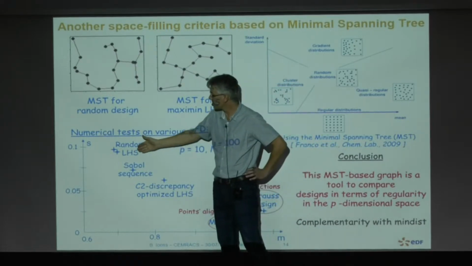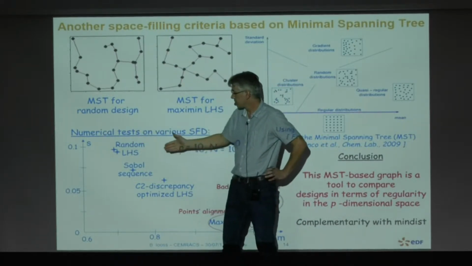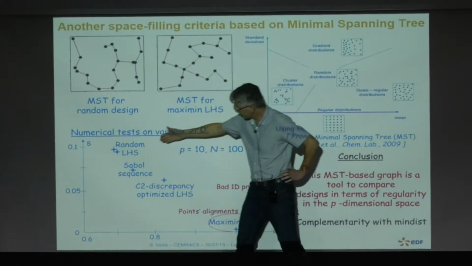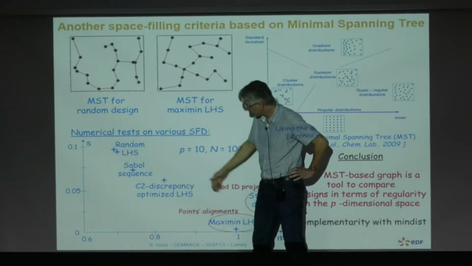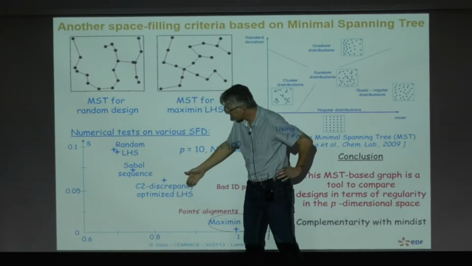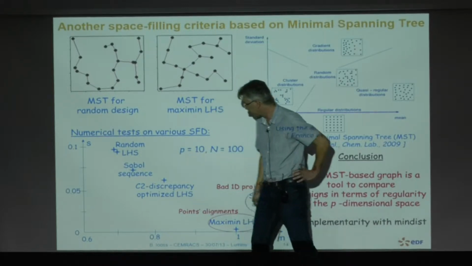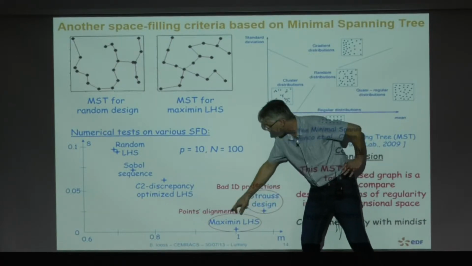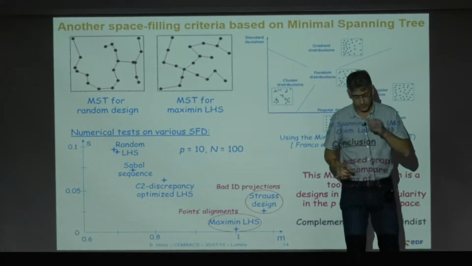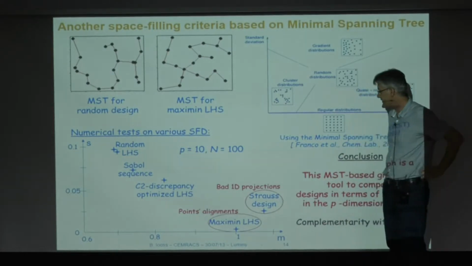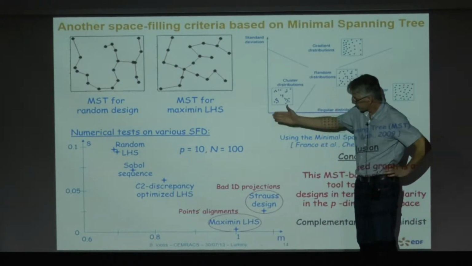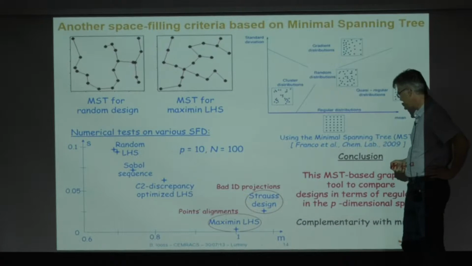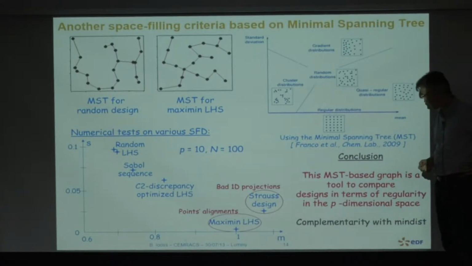For example, a random Latin hypercube sample, which in fact is very close to the random one in this figure, and the others, like the Sobol sequence, the optimized Latin hypercube sample in terms of discrepancy, and the optimal Latin hypercube sample in terms of maximin. You see, maximin means to maximize the minimal distance between the points. So this kind of figure allows to characterize a design, and we have seen that it's interesting for this goal.